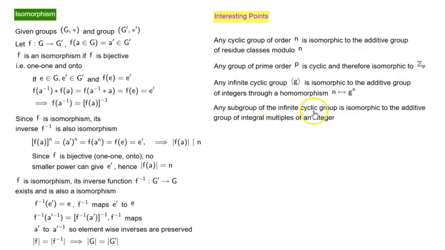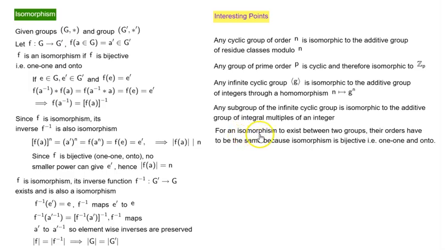Any subgroup of the infinite cyclic group is isomorphic to the additive group of integral multiples of an integer. So here the difference between these two points is that one is talking of a cyclic group generated by an element, whereas the other is talking of a subgroup of the infinite cyclic group.